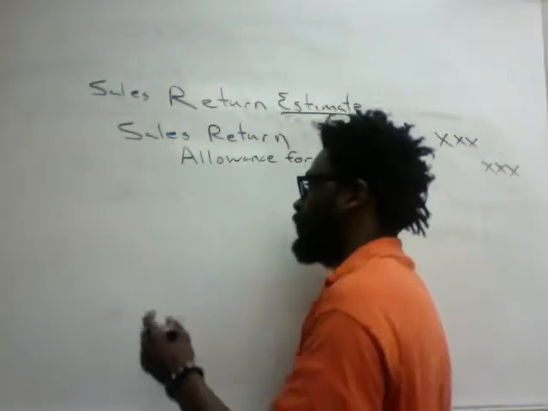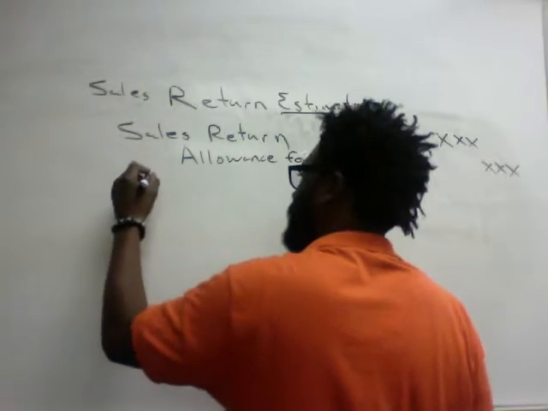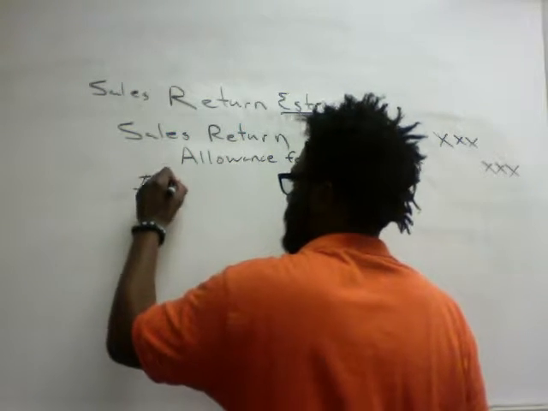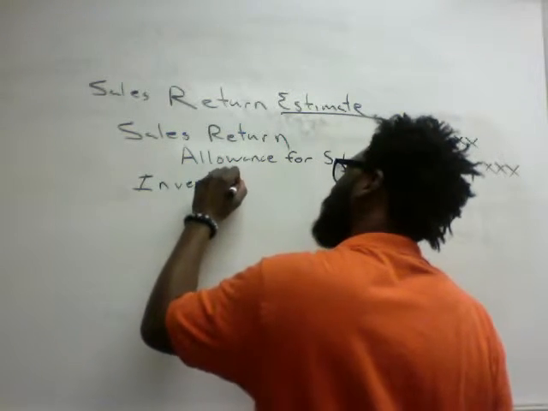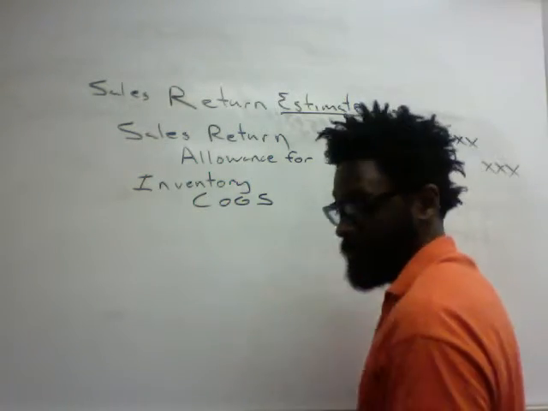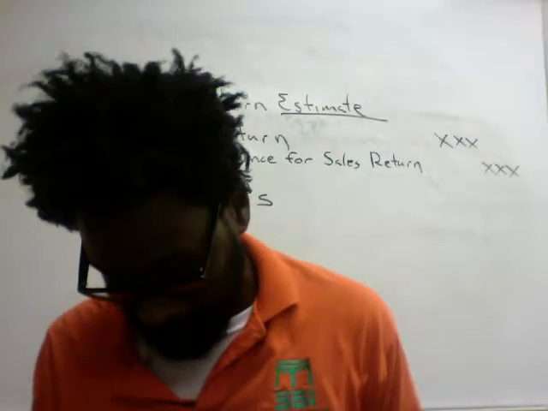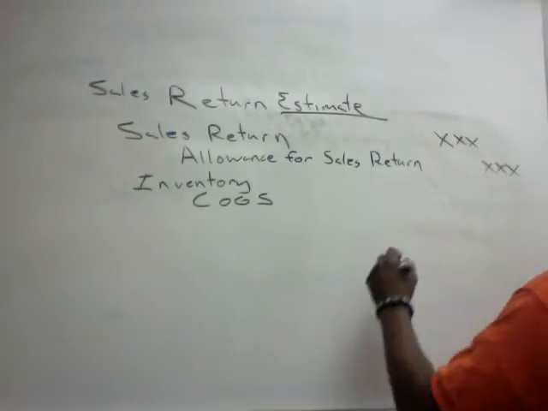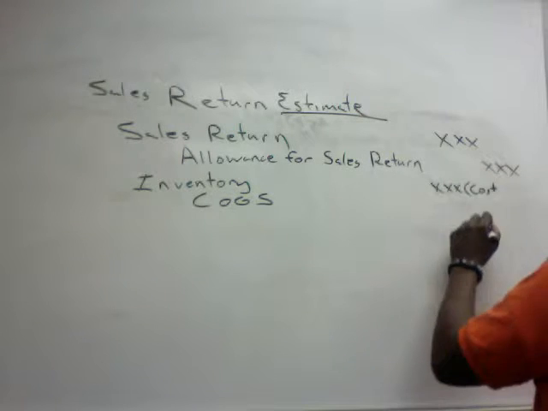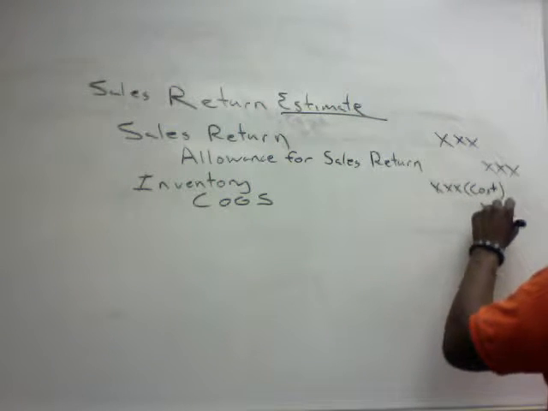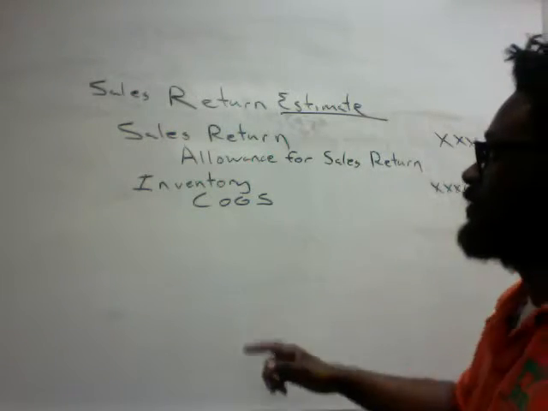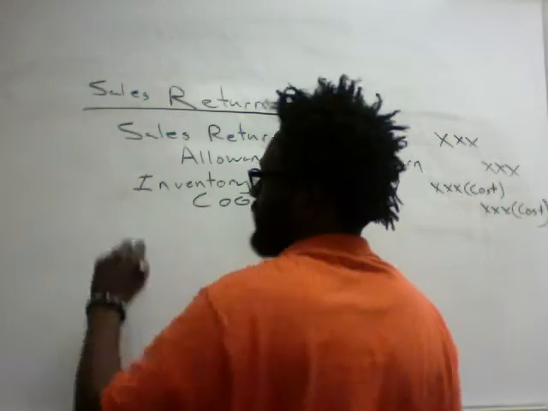And so what you're going to do is reverse your sale of the inventory, and you're going to debit inventory, and you're going to credit cost of goods sold. So it's a dual-step process, right? And of course, this number, because we're dealing with inventory, will always be the cost. Not the selling price, but the cost.